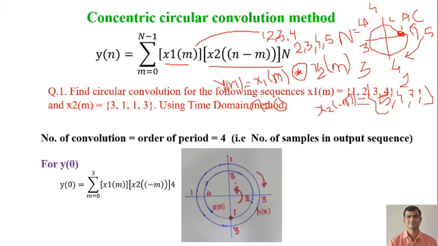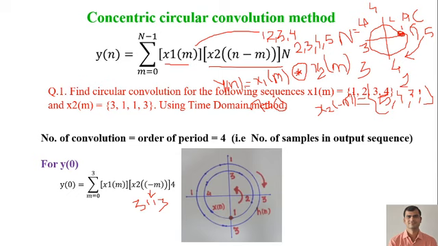I have taken this direction as anti-clockwise, this direction will be clockwise, and while reading x2 of minus n, it becomes 3 3 1 1 3. So 3 1 1 3, this is the sequence of x2 of minus m, because we have to read the sequence of x2 of minus m in this same direction.